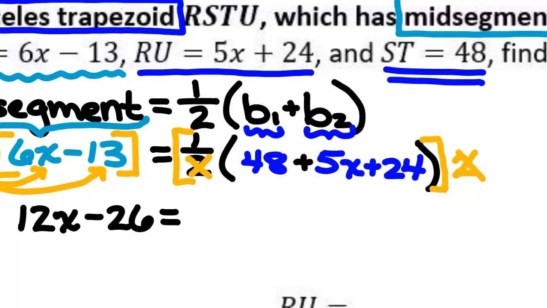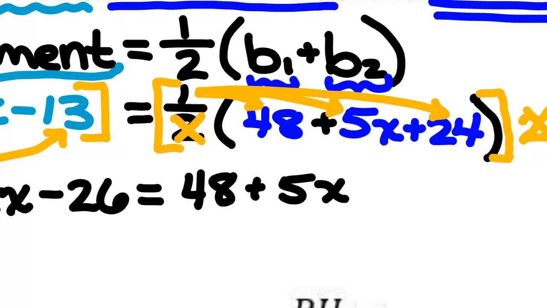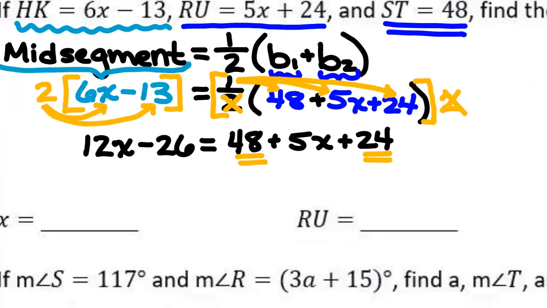I still technically have something to distribute. This 1 gets distributed inside those parentheses. But what happens when I multiply things by 1? Stays the same. So I have 48 plus 5x plus 24. And over there on the right, I've got these two like terms that I need to combine together.